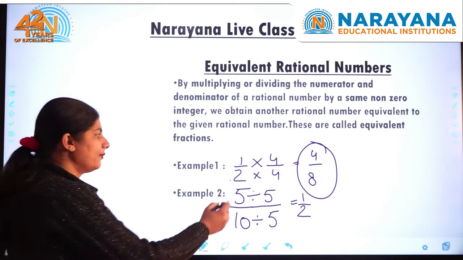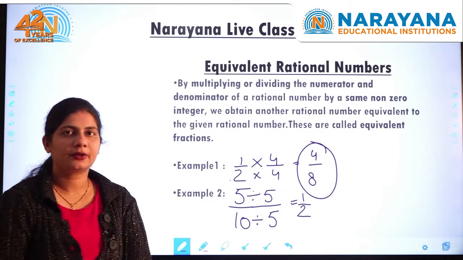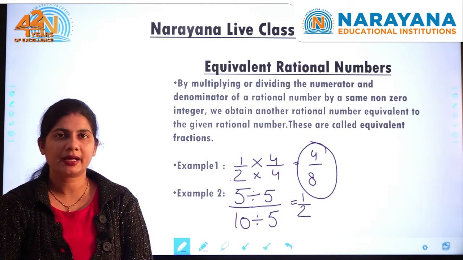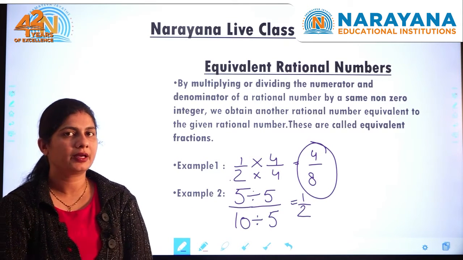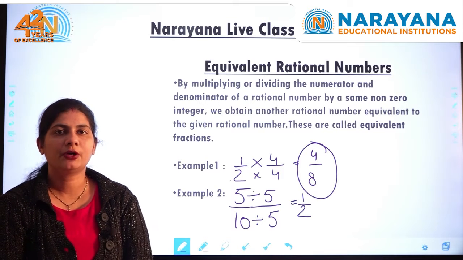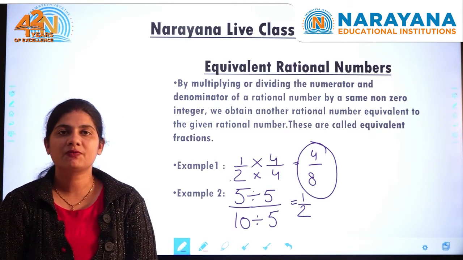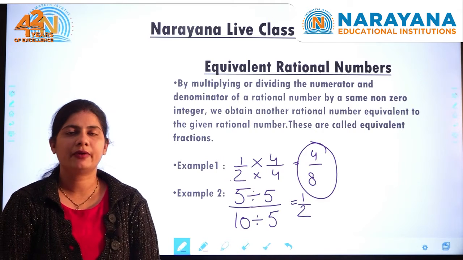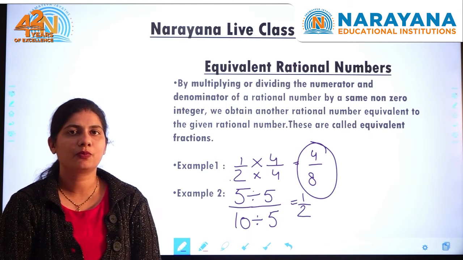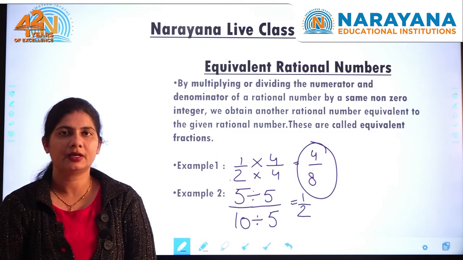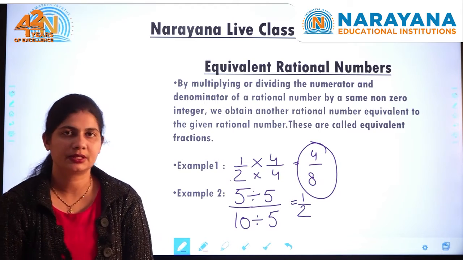Here I have multiplied the numerator and denominator of the rational number 1 by 2 by 4. What do I get? I get 4 by 8. So 1 by 2 and 4 by 8 both are equivalent rational numbers.